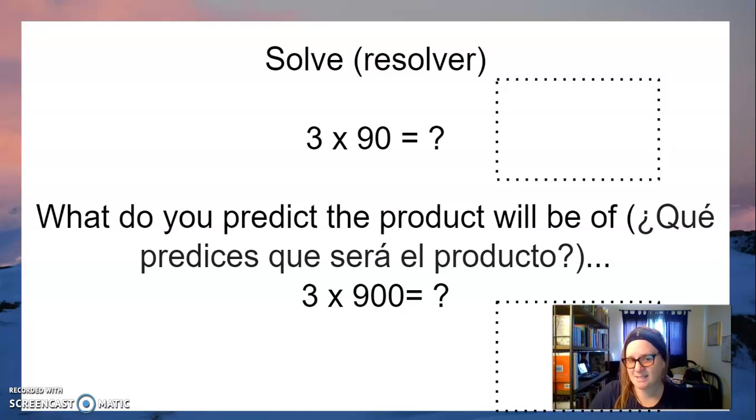And this makes sense because 900 is pretty close to 1,000. So let's say I rounded up and said, what's 3 times 1,000 would be 3,000. 3 times 9 being 27, I know that 27 is pretty close to that 30 mark. And 2,700 is pretty close to that 3,000 mark.